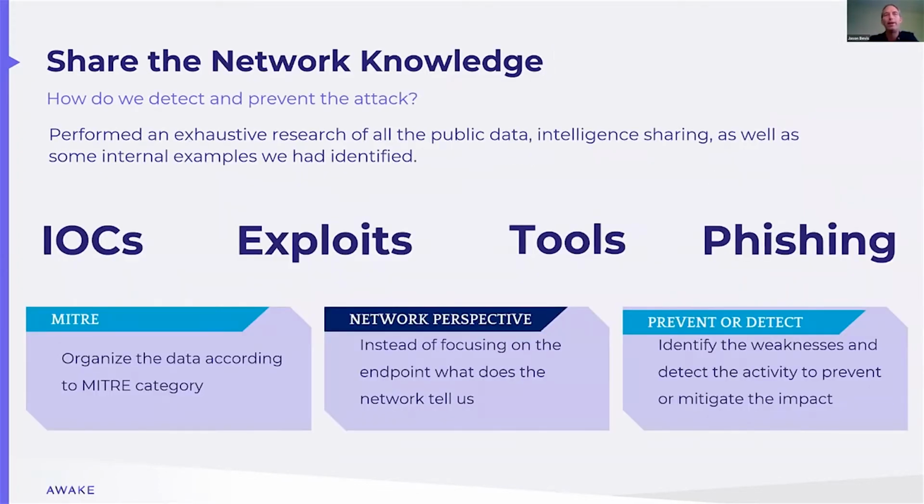And one of the things we wanted to challenge, being a network company, was to ask how can we look at this problem differently than everyone else? We know endpoint software out there is good, but people know how to bypass it. We know organizations should be doing the right level of logging, but maybe they aren't. Being that we're a network company, we really did take a 100% network focus on Maze and said, okay, if we detected encryption, it's too late.